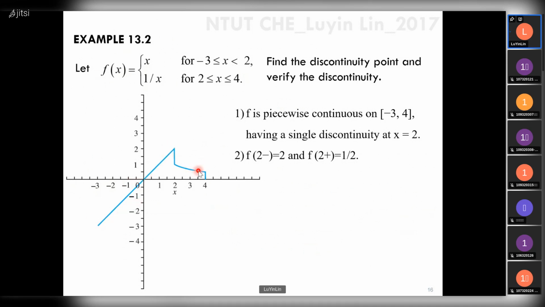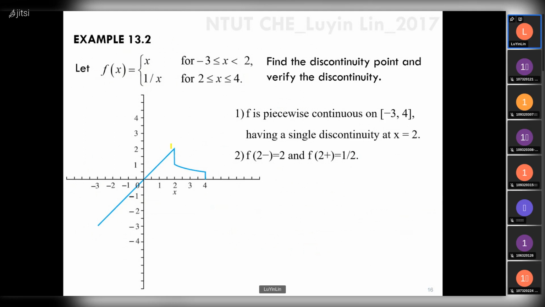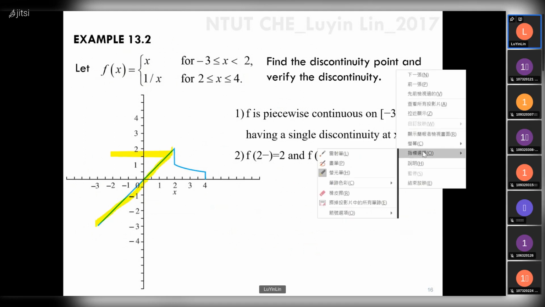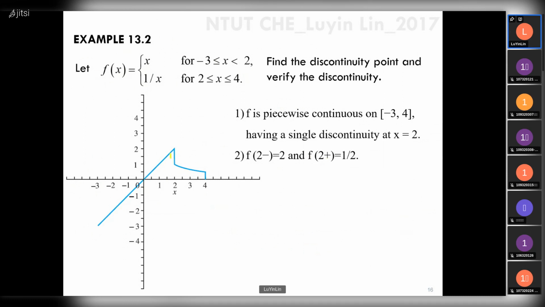And from 2 to 4, this segment is f of x equals 1 over x. This part. So this segment and this segment.